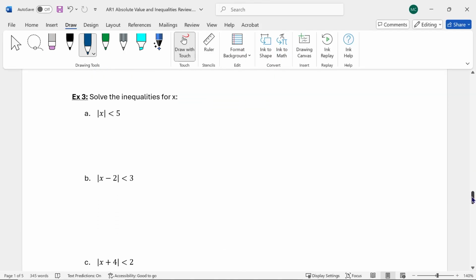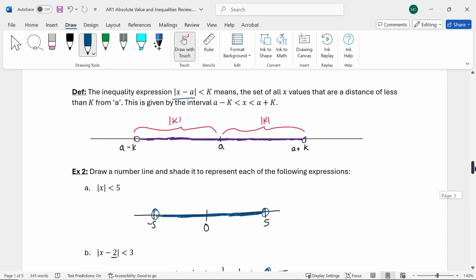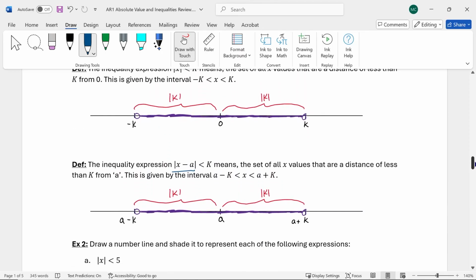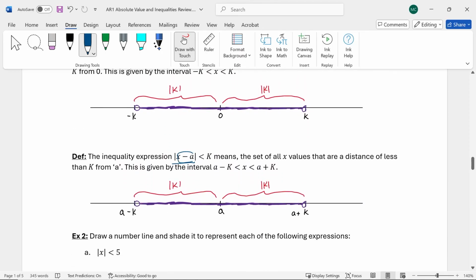Now we're going to solve some inequalities here. We've got the absolute value of x is less than 5. So whenever we're solving an inequality expression, what we've seen from earlier is that whatever I have inside the absolute value turns into this general expression: the absolute value of x is between a minus k and a plus k.